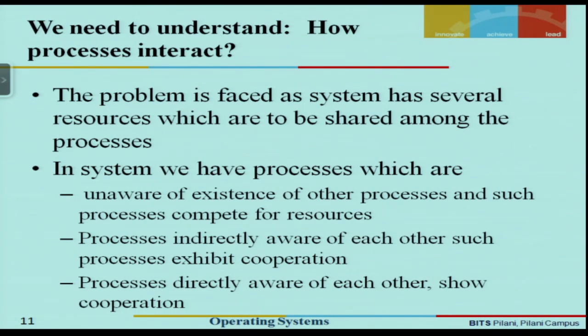We know very well that whenever there is competition, there is somebody who would win and somebody who would lose. It is also possible that when two processes are competing for the same resource, one of the processes would never be able to access the resource, because in competition it always fails.